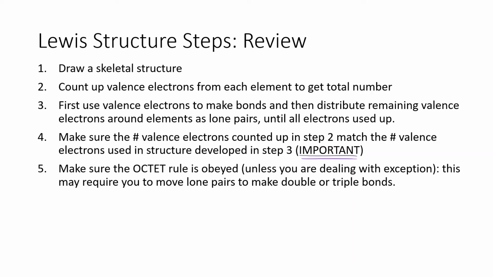So if for any reason you don't have an octet and you have used the correct number of valence electrons in your structure, you might find that you have to move lone pairs to make double or possibly triple bonds so that the octet rule is obeyed.